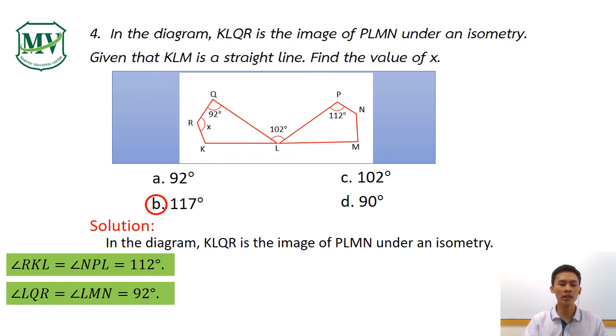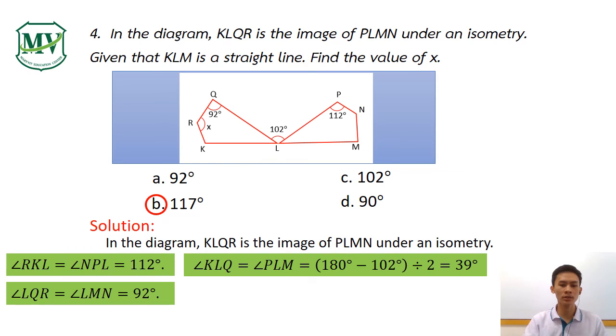And angle LQR is equal to angle LMN, which is equal to 92 degrees. And angle KLQ is equal to angle PLM, which is equal to the quantity of 180 degrees minus 102 degrees divided by 2, since KLM is a straight line.